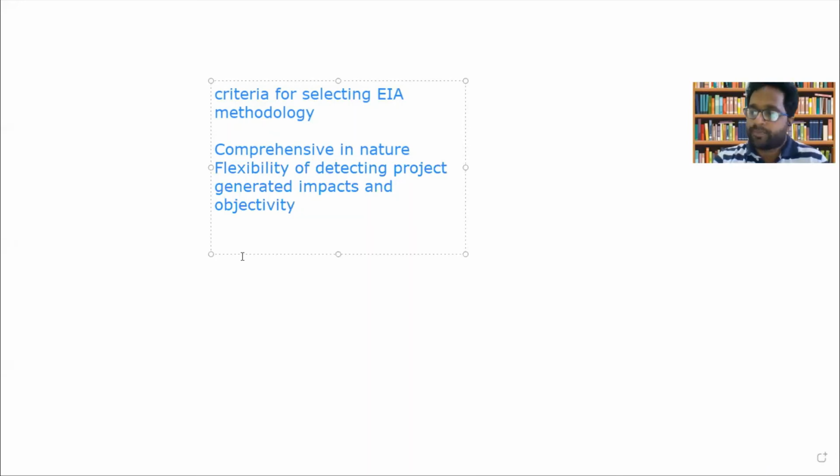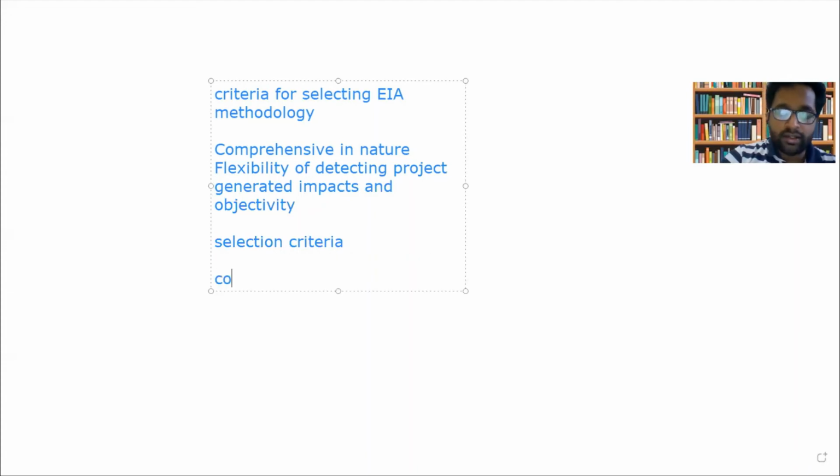Okay, now there are certain selection criteria for the different EIA methods available. We have seen the 6 different methods available.